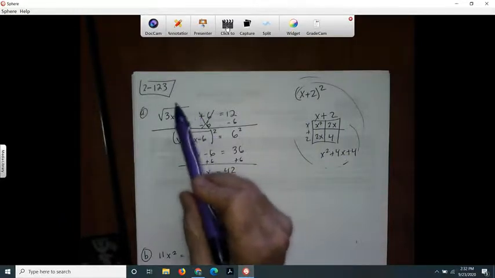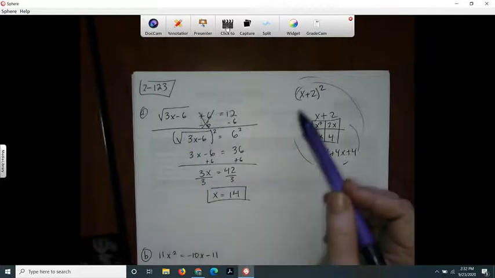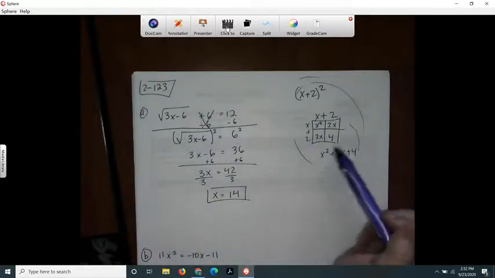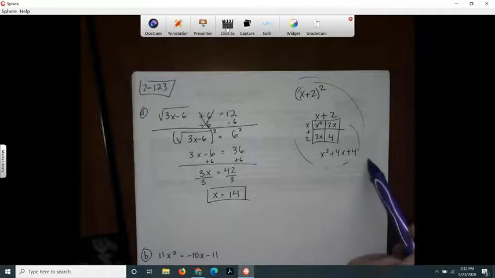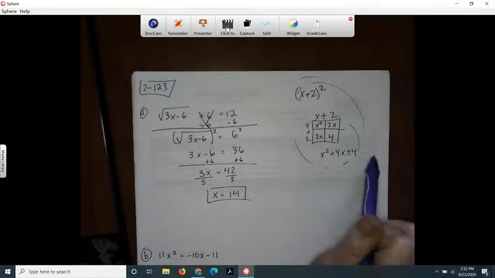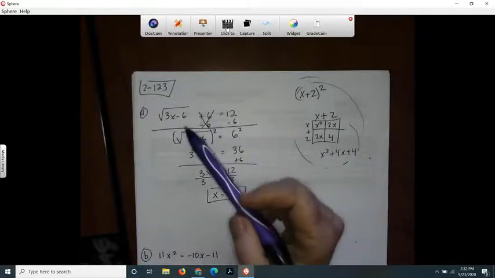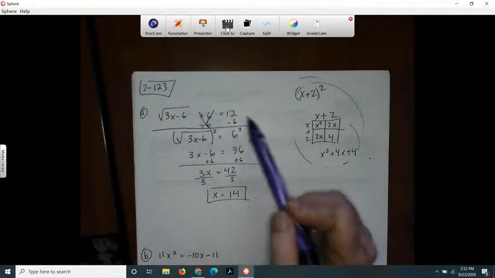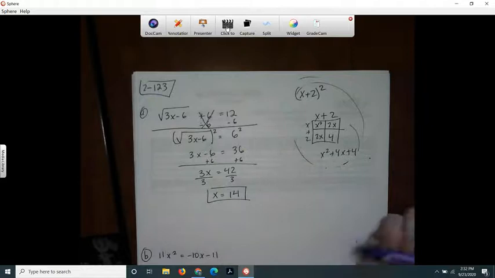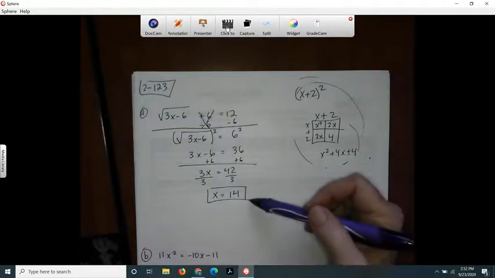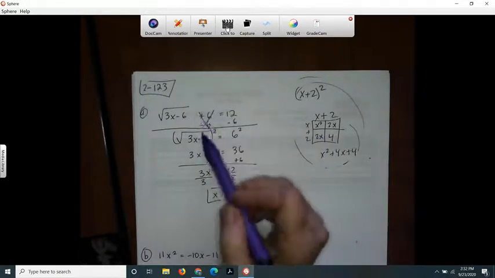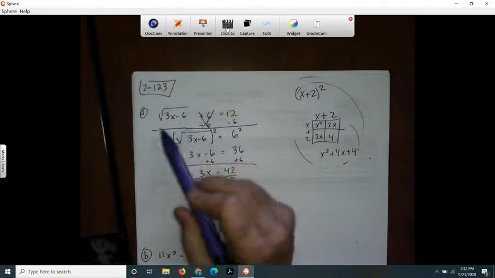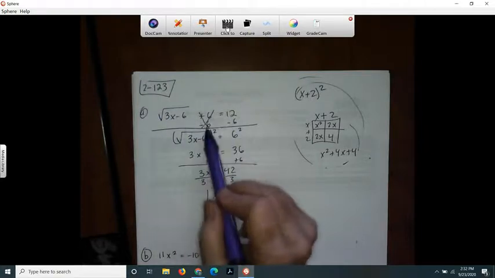You can square both sides, but you'll have to do something like an area model box, and then you'll get a big long outcome that is actually worse than what you started with. So that's why you need to get rid of the 6 first. That was the mistake that I saw people made. Just make sure you get the root all by itself before you try to square both sides.